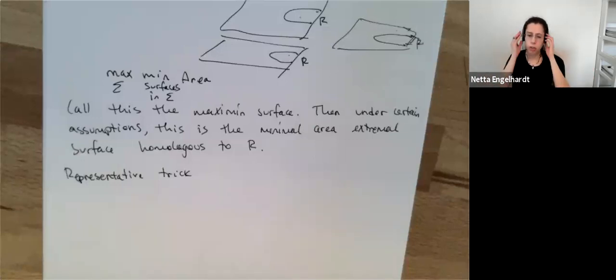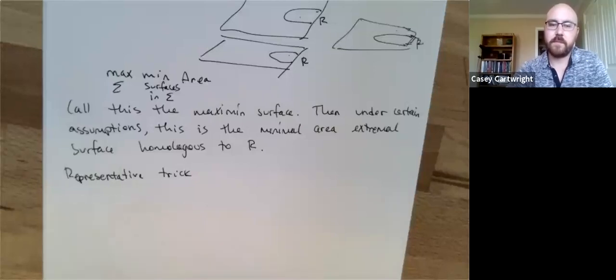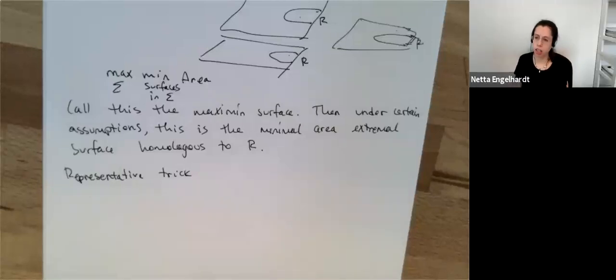Right. So what this gives you is the fact that at least every one of them is minimal on at least one Cauchy slice. But you still have to find a way of mapping the other surfaces, this is maybe what you're suggesting right now, mapping the other surfaces to the same Cauchy slice in such a way that you actually know how the area changed. Right, right. Okay. And that's exactly what this representative trick does. So it doesn't evolve the data in the sort of way that you're suggesting.